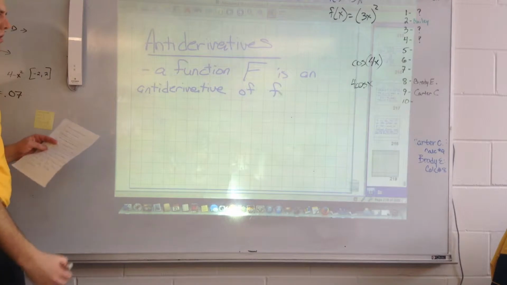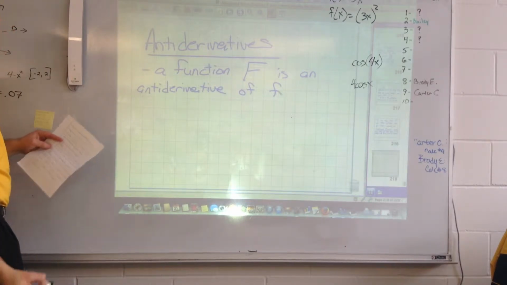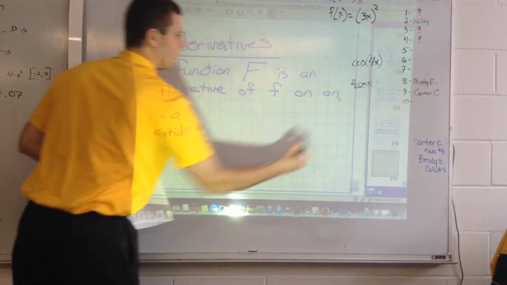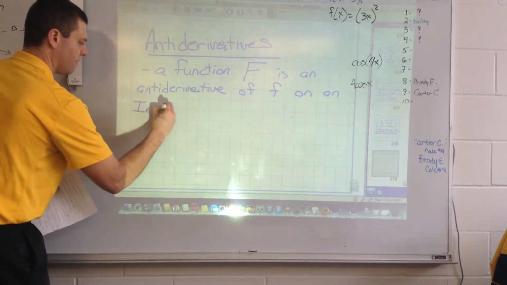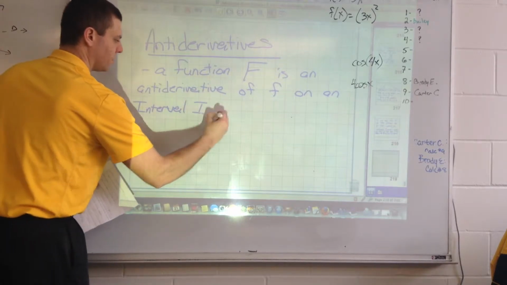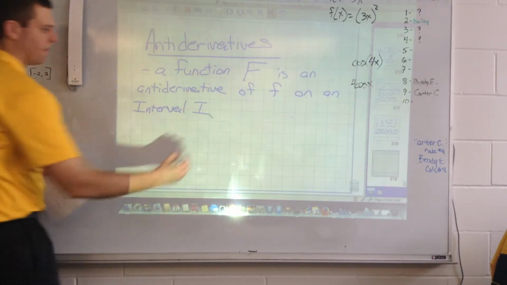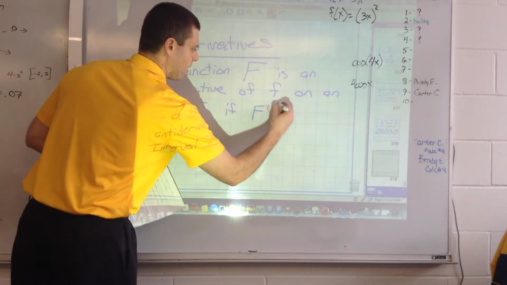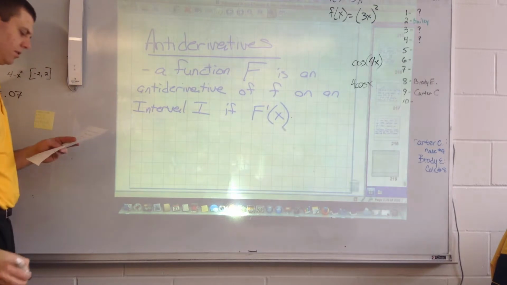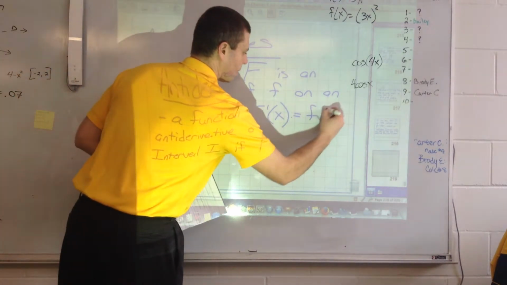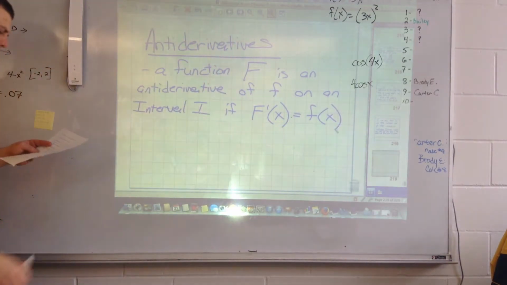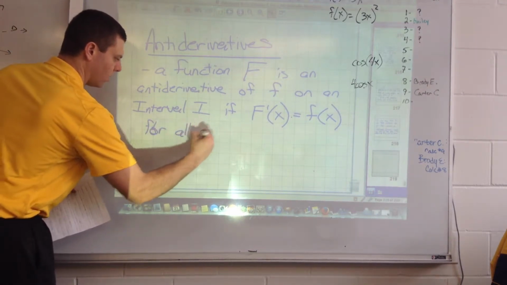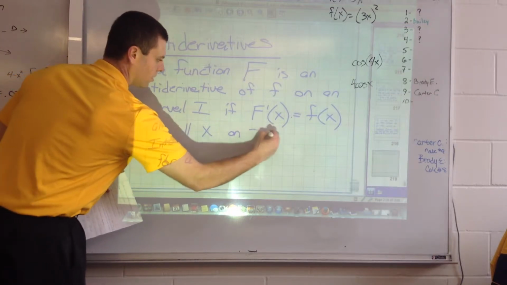A function, capital F, is an antiderivative of f on an interval, we'll just call it interval I, if capital F prime of x equals lowercase f of x for all x on the interval I.